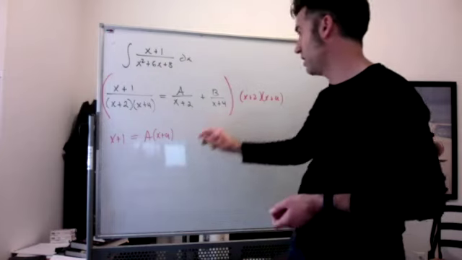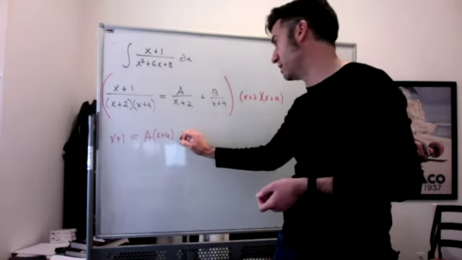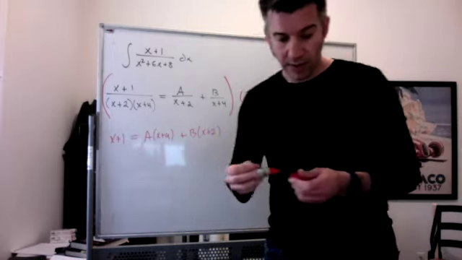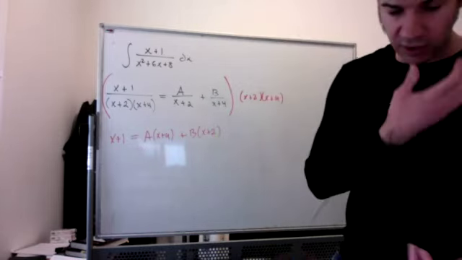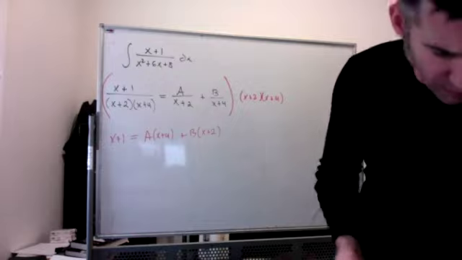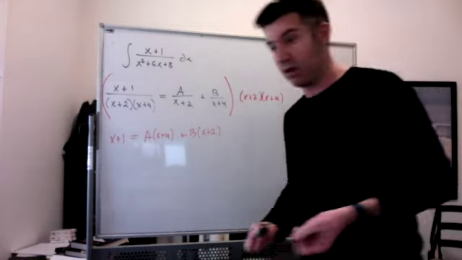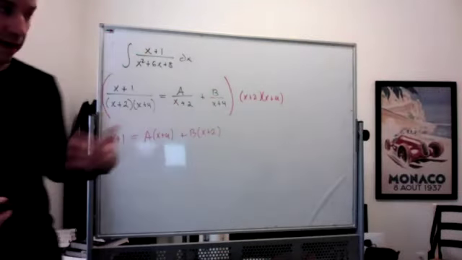And this times this, the x plus 4's cancel, and you get b times x plus 2. Now, instead of equating coefficients, which we totally could do, we're going to just use the convenient values of x method. So what's one convenient value of x?